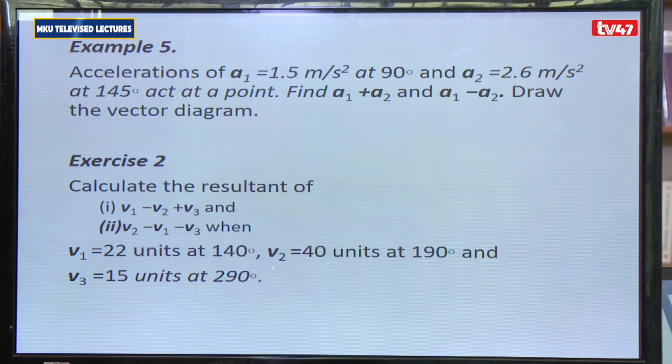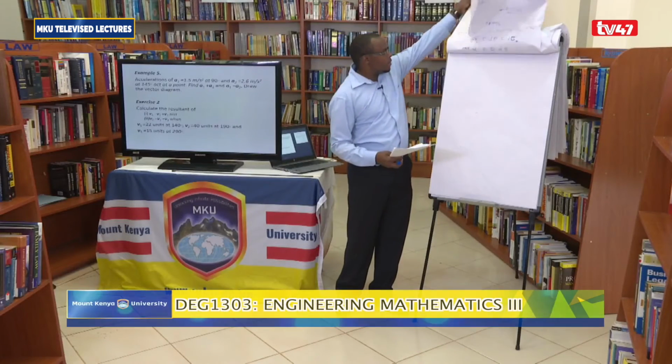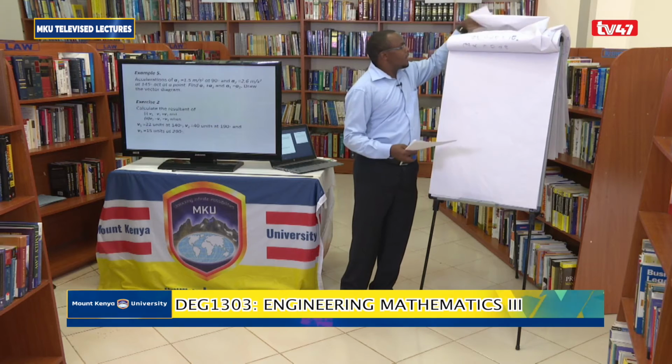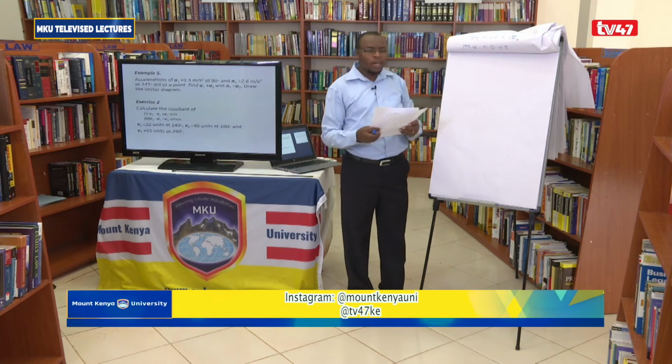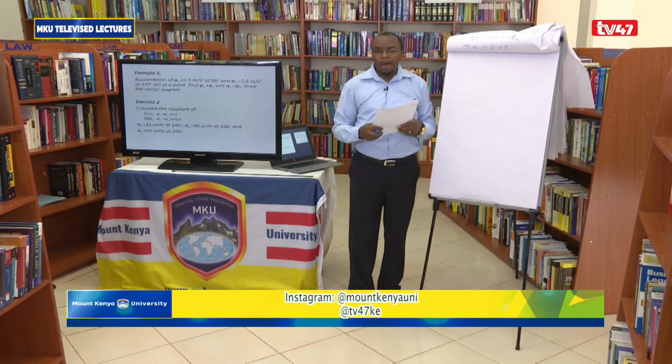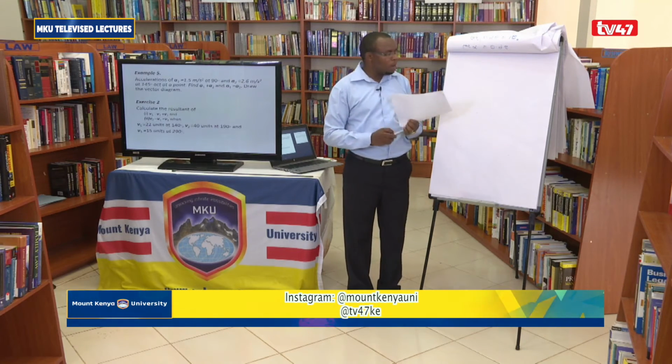Ideally, I would prefer to draw the vector diagram first, and then we find the resultant vectors, because this helps us know which vectors we are talking about.